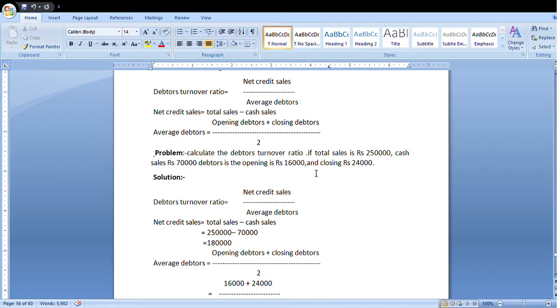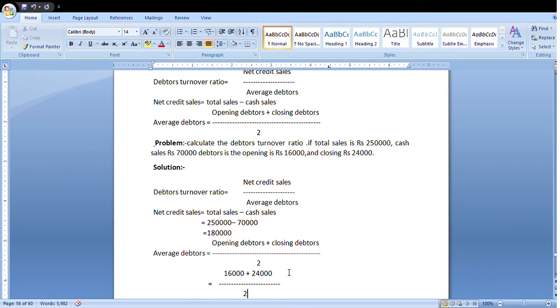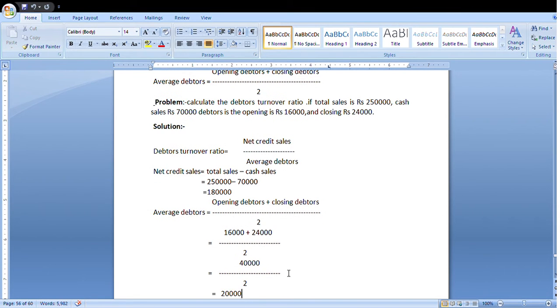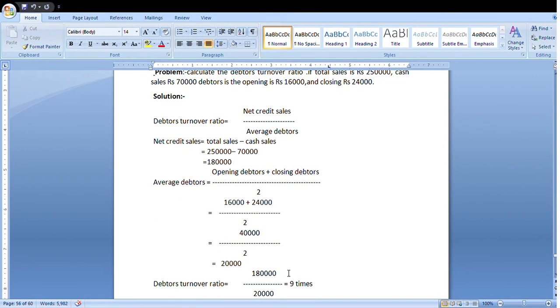Closing debtors are also available in the problem, 24,000, by 2 is equal to 20,000. Average debtors is 20,000.